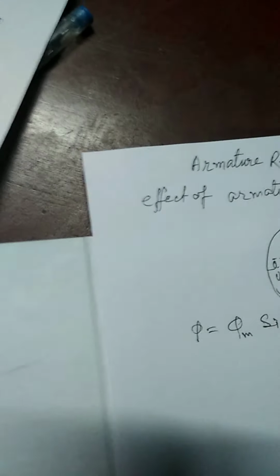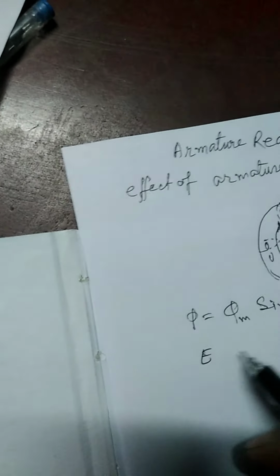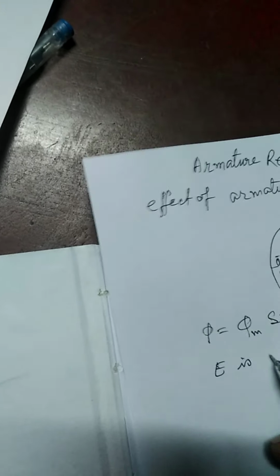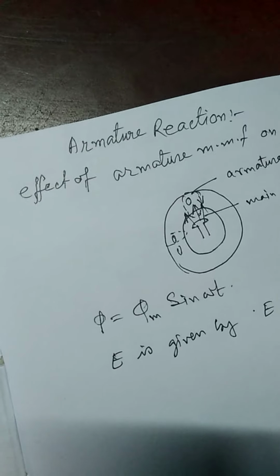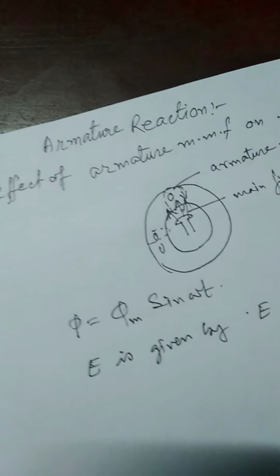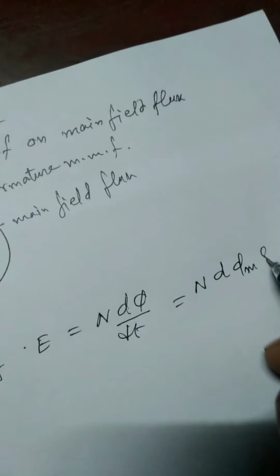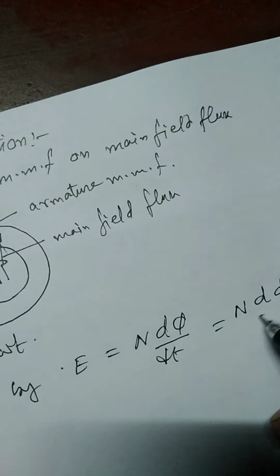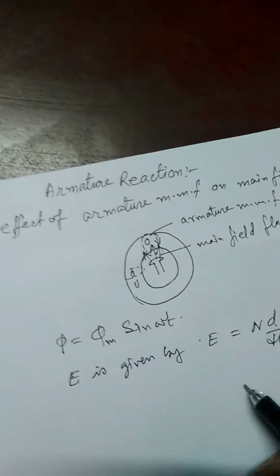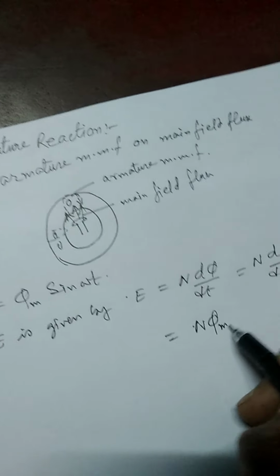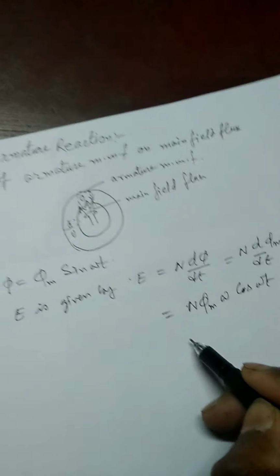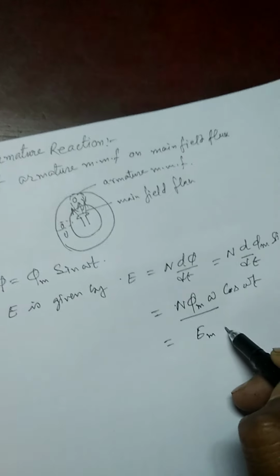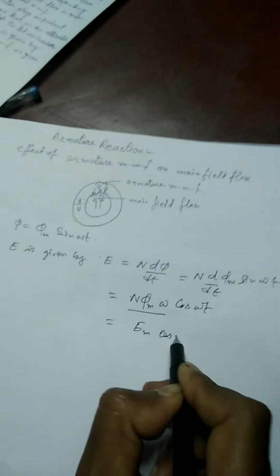Therefore, induced EMF E is given by E equal to N d phi by dt, as per Faraday's law of electromagnetic induction, equal to N d of phi m sin omega t by dt, equal to N phi m omega cos omega t, equal to Em cos omega t.